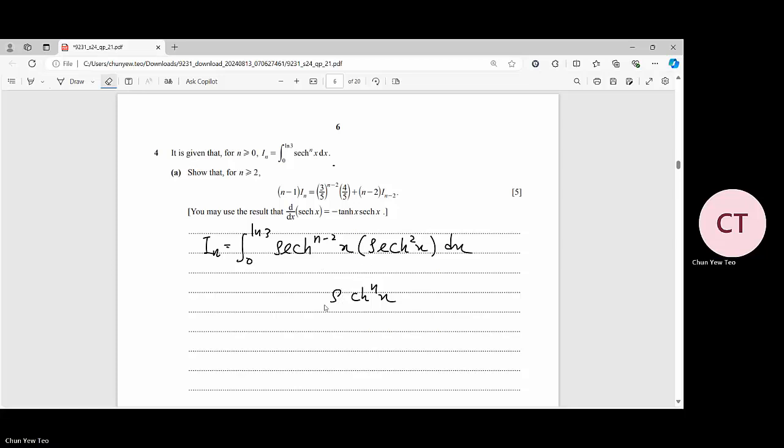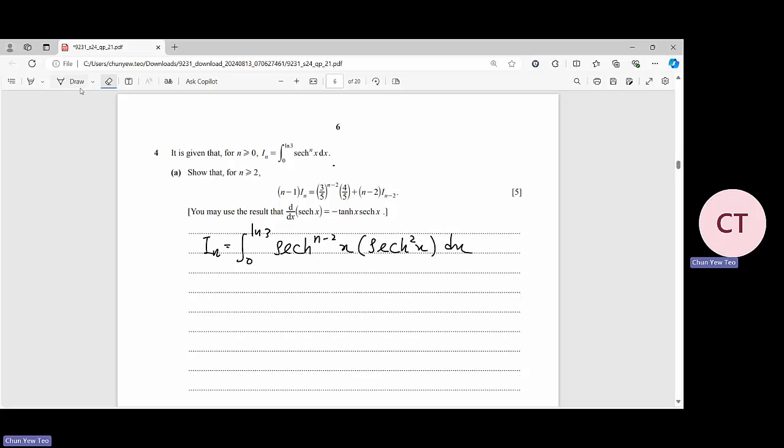Now, if you do it like this, what should we do with this one? You need to be aware that the integral of sec squared x gives tan x. You need to understand that we have this formula to be applied. So we will use integration by parts over here to solve it.